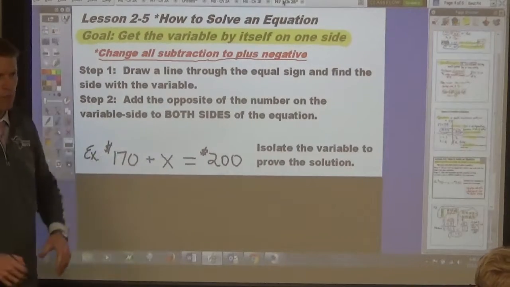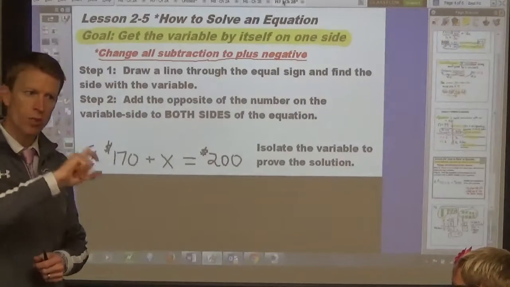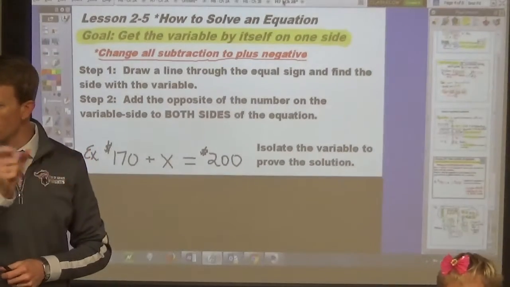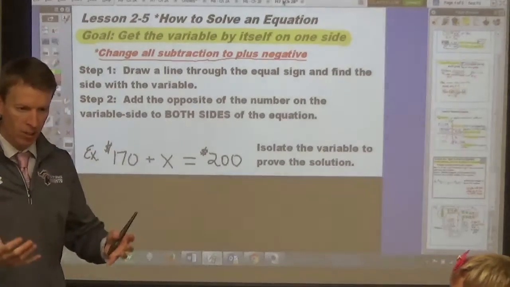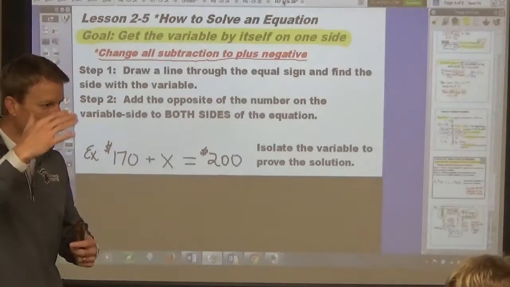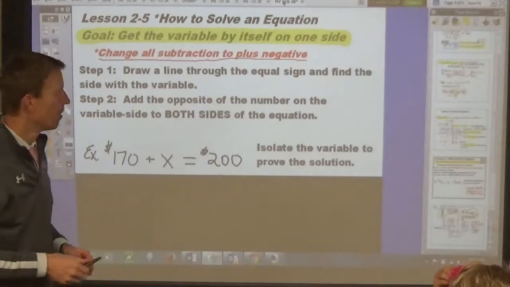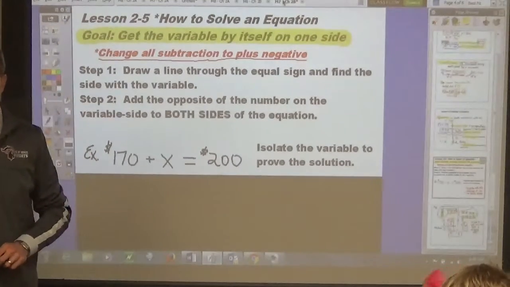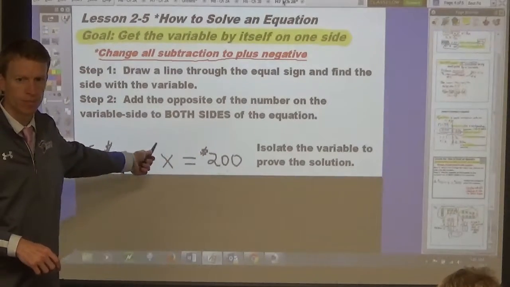What we're going to be talking about is proving that x equals a number that makes the equation true. That's called the solution. And so you all are going to be like lawyers, following the rules of the courtroom or following the rules of math in order to prove that a solution makes the equation true. Okay?